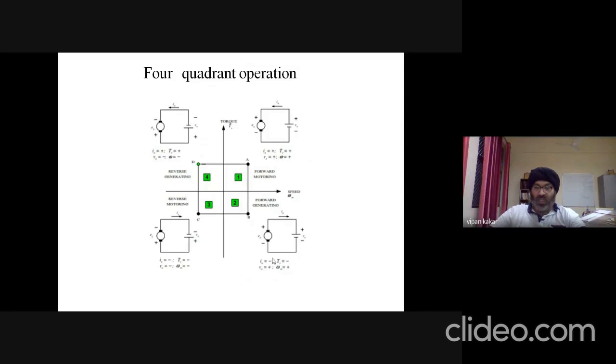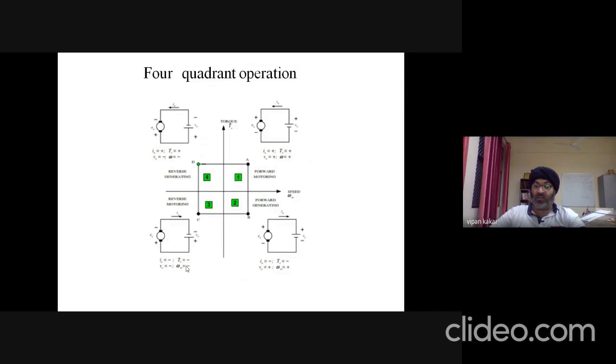In quadrant 2, current goes negative, voltage remains positive, torque becomes negative, on the negative torque axis, and speed is positive. Now in quadrant 3, current goes negative, voltage also goes negative, torque also has a negative value, and speed also has a negative value.